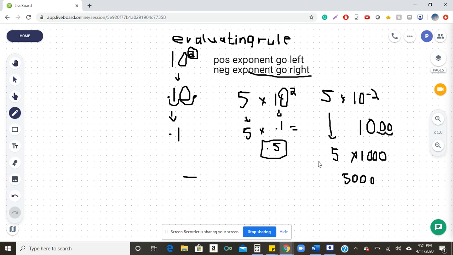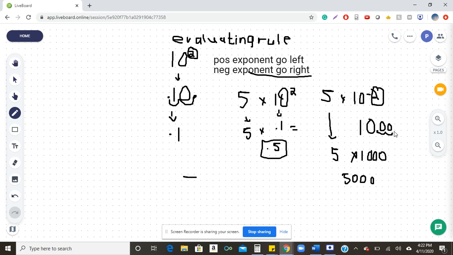Again, if you have 5 times 10 to the negative second, what you can do with the negative exponent, for example, is the rule is negative exponent, go right. If you have a negative exponent, go right. So we are going to start where the decimal naturally lays on 10, and we are going to go right however many times the exponent says.